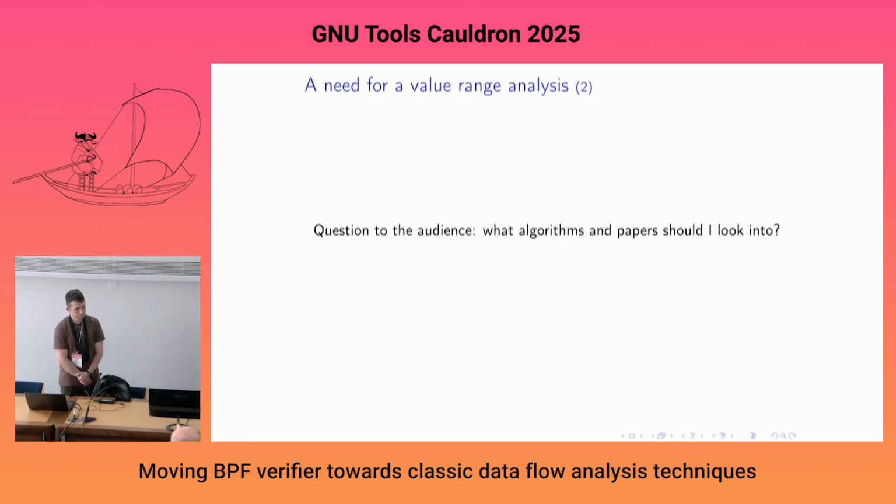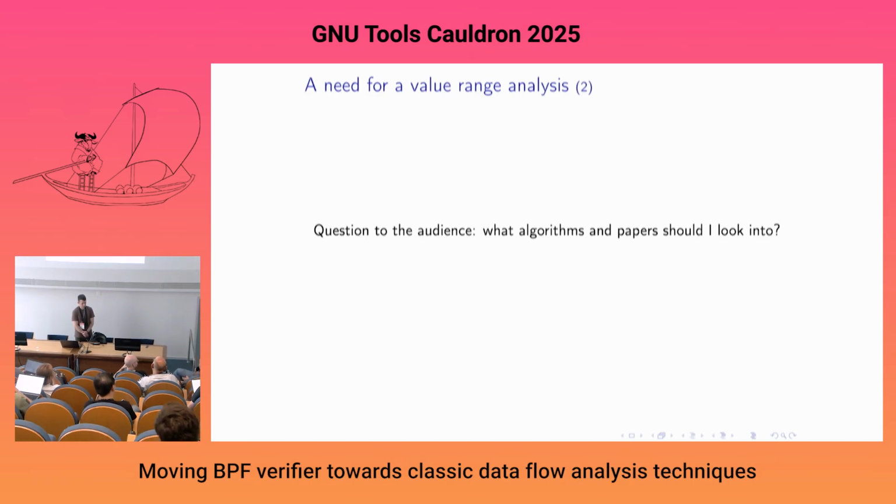I'm not familiar with the GCC passes that do value range propagation, but I guess that would be a good start. Well, I started to look at scalar evolution analysis as it's implemented in LLVM. I suppose GCC uses something similar, but I don't know. Do we have any middle end expert here?